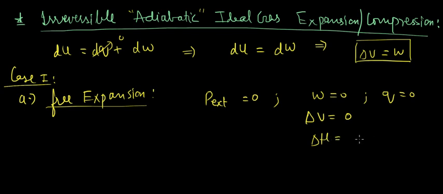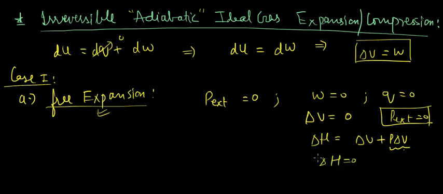Delta H is again delta U plus P delta V, and P delta V would again be 0. There would be some delta V, as the gas is expanding, but P external is 0 because it is free expansion, so delta H would again be 0.